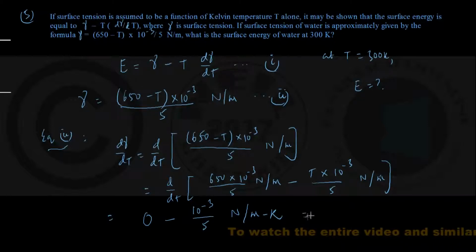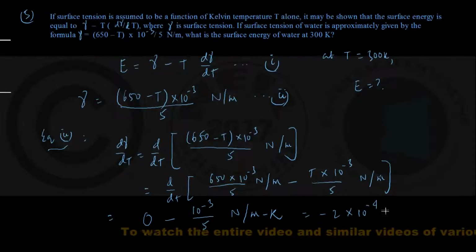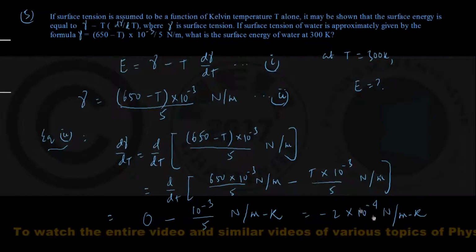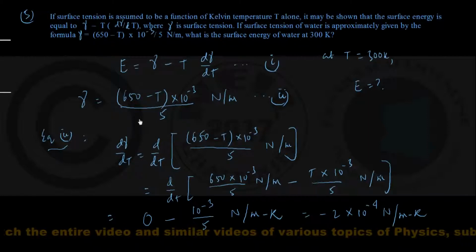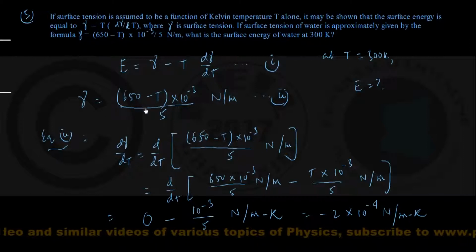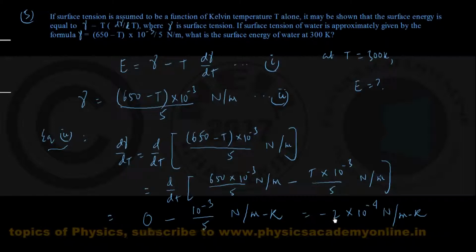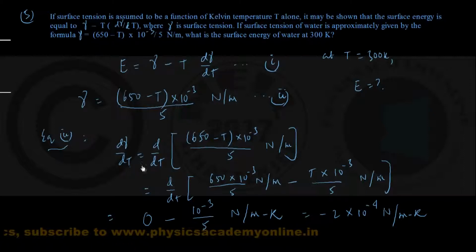This is coming out to be minus 2 into 10 to the power minus 4 Newton per meter per Kelvin, a result that is independent of temperature. So you have found here, in case of water where surface tension varies as a function of temperature like this, the rate of change in surface tension with temperature is a constant quantity independent of temperature and negative, which means with rise in temperature, surface tension decreases. That we have already found in our data from the table of surface tension in the theory class.